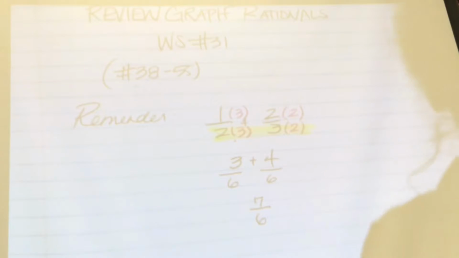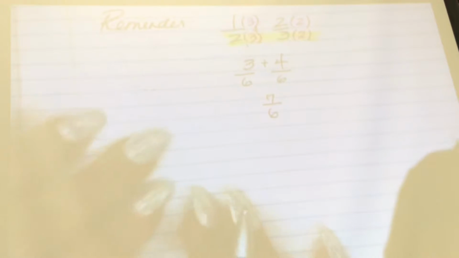All right, let's jump into it. We're going to start with number 39. Before we start 39, I do want to give you just the rough sketch of the steps. The first thing that you do is you make the denominators the same, or you guys have heard the word common denominators. Secondly, you're going to add or subtract the numerators.